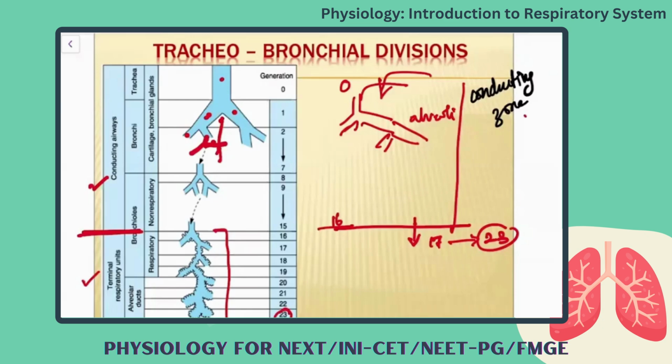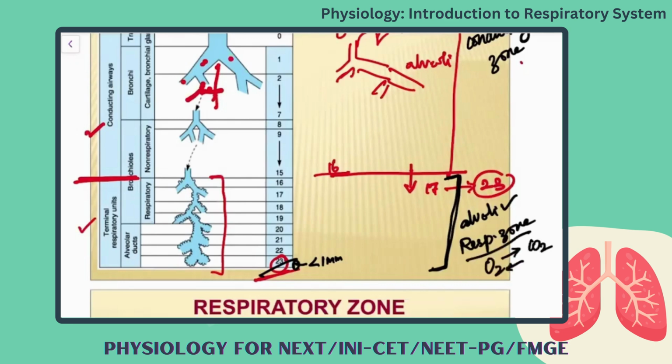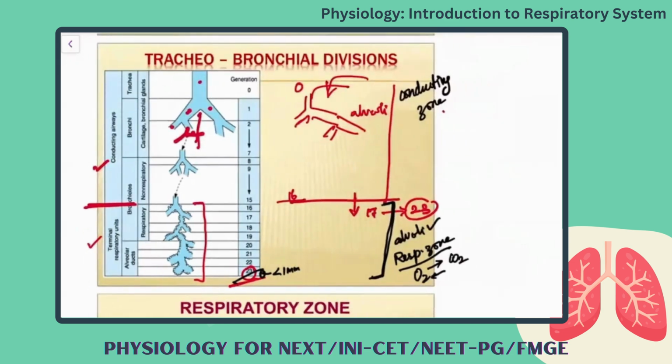The regions from the 17th to the 23rd division, where the diameter of the bronchiole is less than 1 millimeter at the 23rd division, are where you see the presence of alveoli. This is called the respiratory zone, where the actual exchange of oxygen and carbon dioxide takes place. Clear? So this is the tracheobronchial division.